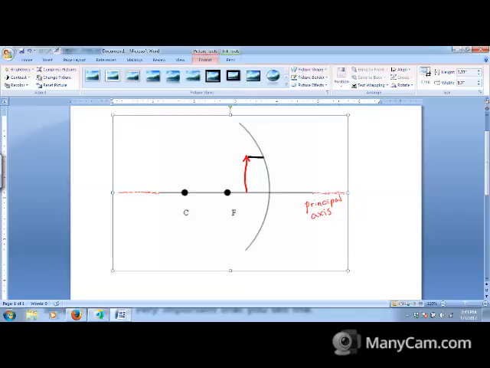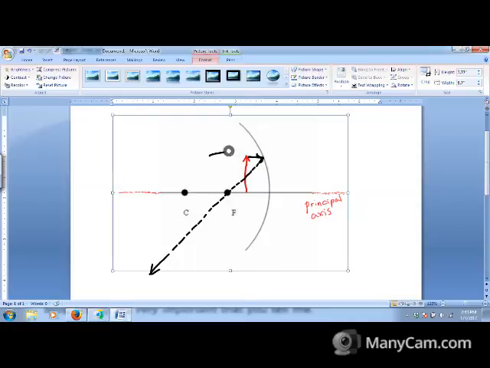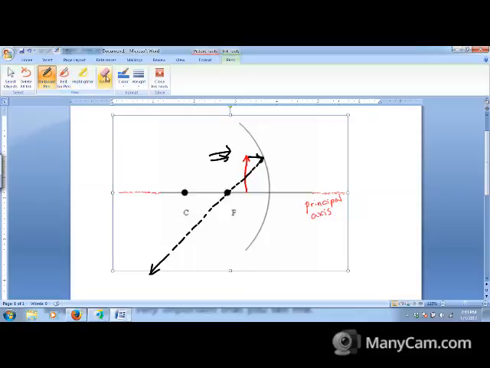Well, I don't have a focus directly in front, so we're going to have to draw it so that it's behind. And then finally, one that kind of goes through the focus. Well, because the light rays are striking over here in this direction, that's not really the most plausible idea, but let's say that were to happen.